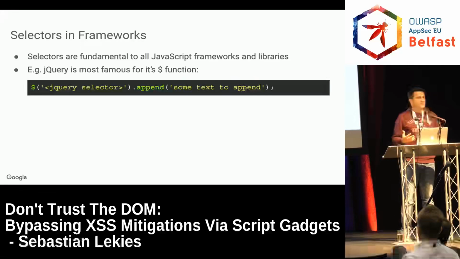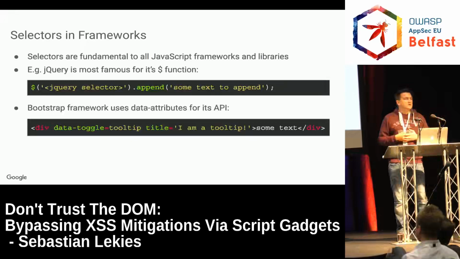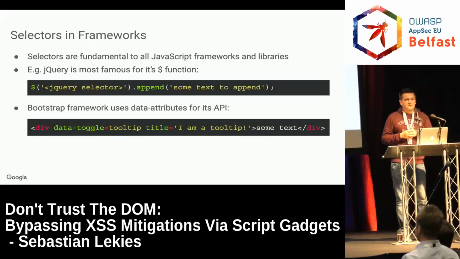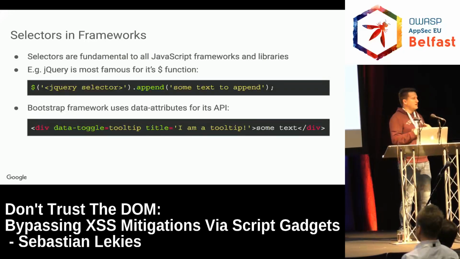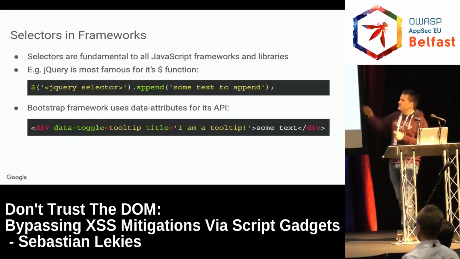And selectors come in different kinds of flavors. This is the most famous one. Another example is the Twitter Bootstrap framework. Twitter Bootstrap uses what they call a data API, or data-attributes-based API. So they also use selectors to find all the elements in the DOM that have a certain attribute set. Here we have a tooltip example.